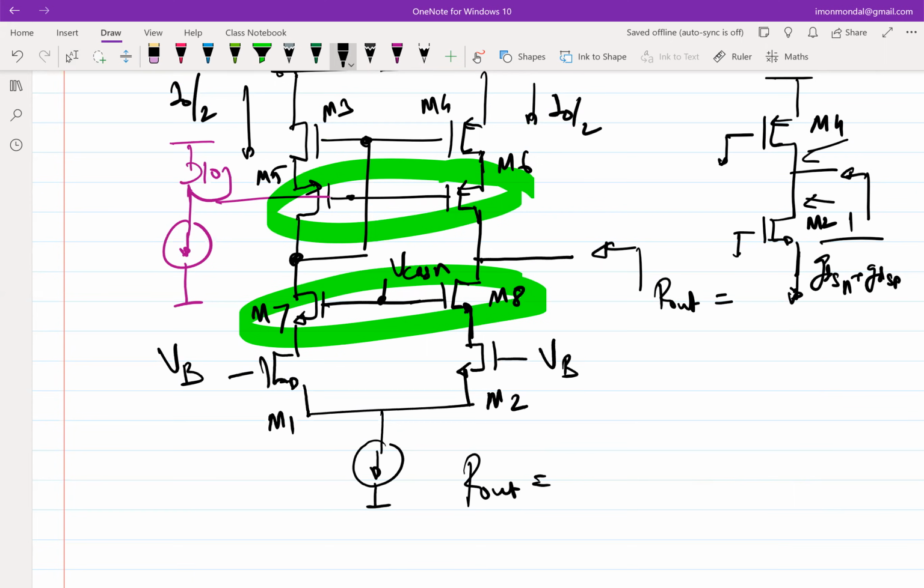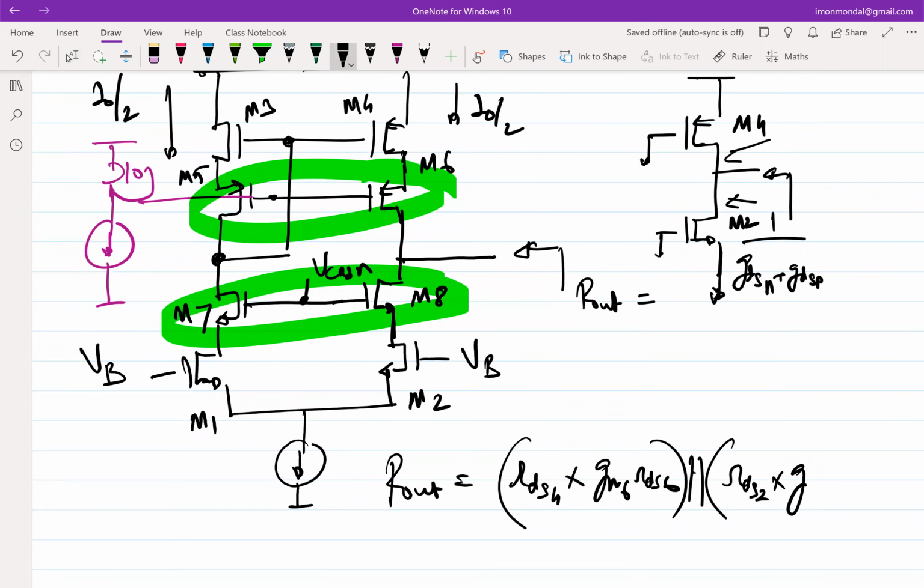Now it would still be RDS4, but multiplied by the intrinsic gain of M6, that is GM6 times RDS6, in parallel with the looking-in impedance down, which was RDS2, multiplied by GM8 times RDS8.